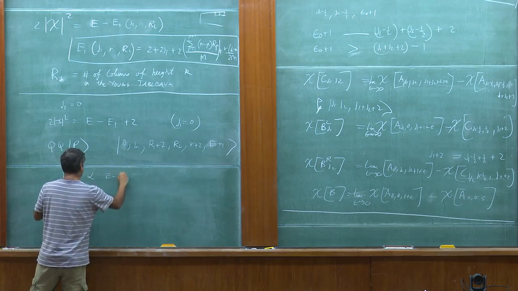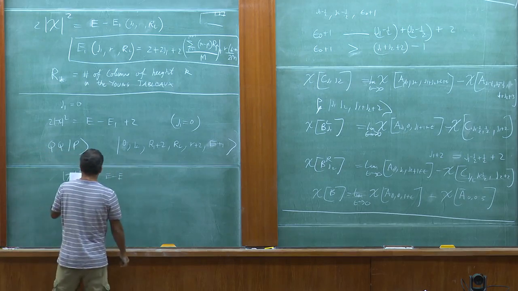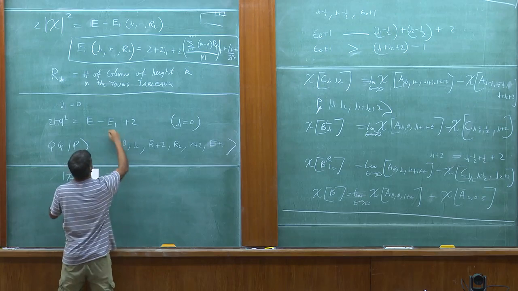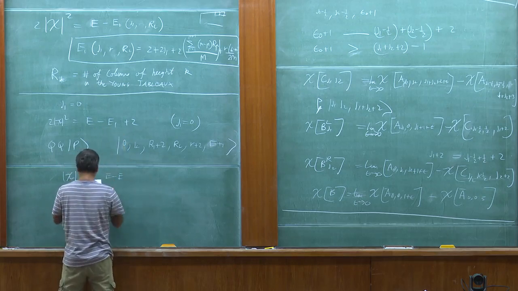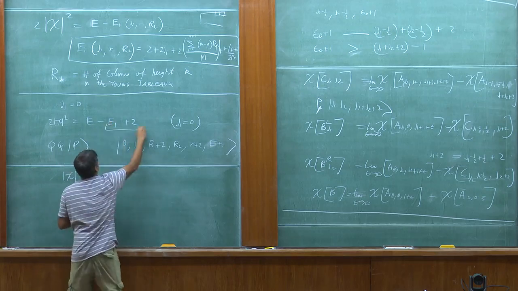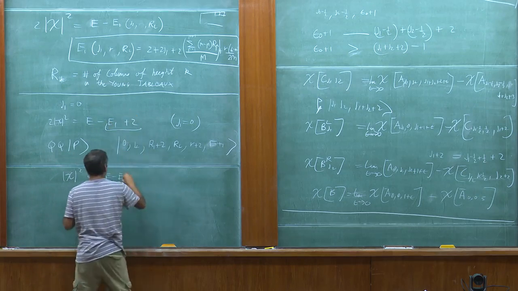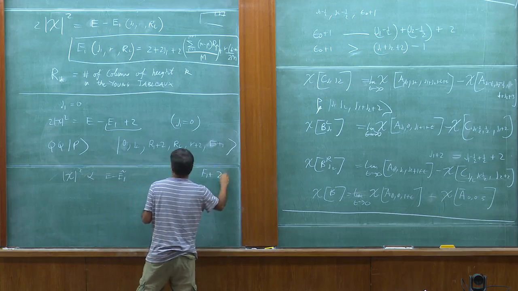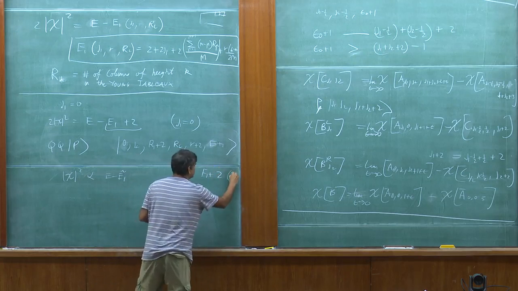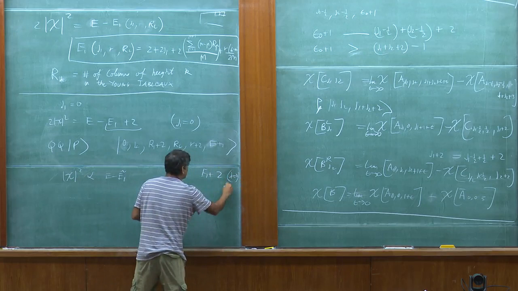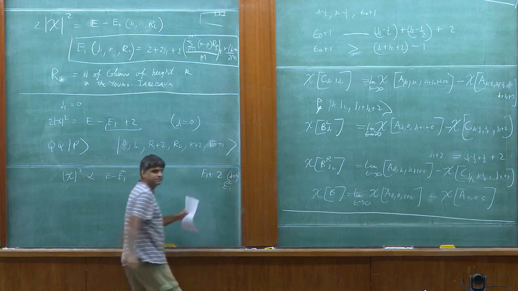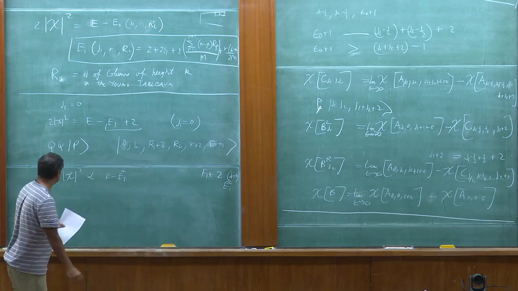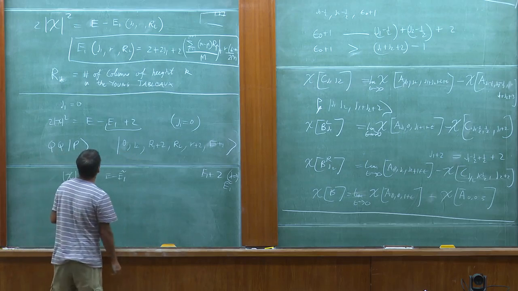E minus this whole quantity. Let's call this whole quantity E1 tilde, for the case J equals 0. That's minus E1 plus 1.